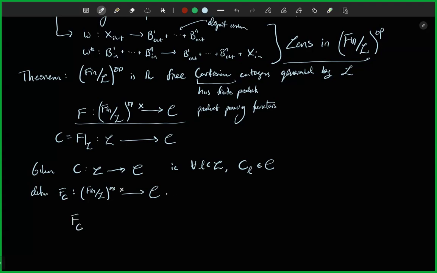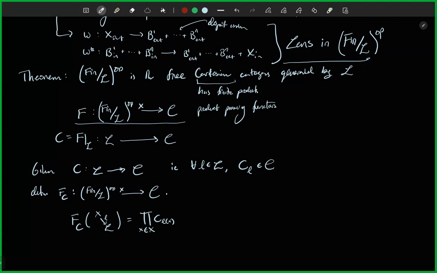So how do we define F_C? Well, if I have a function from X to L, which is my labeling, then remember that C has finite products. So I can take the product in C over all x in X of C_{l(x)}. And that's a well-formed formula.